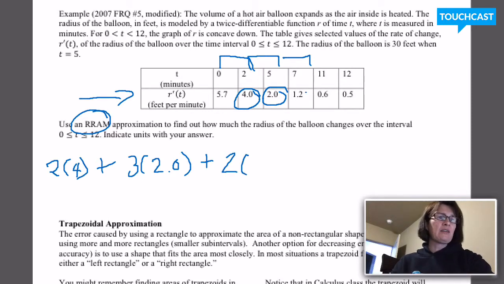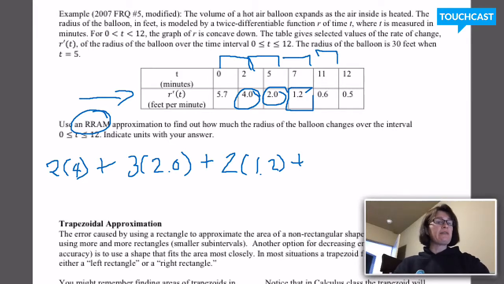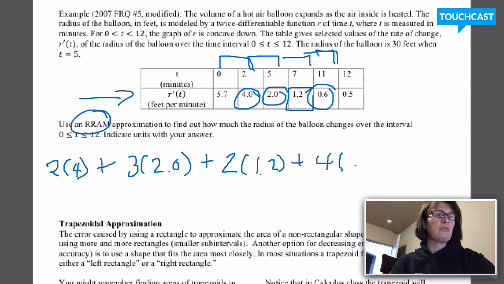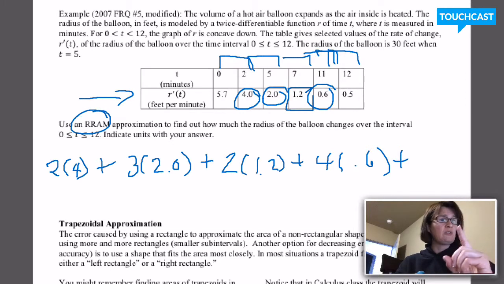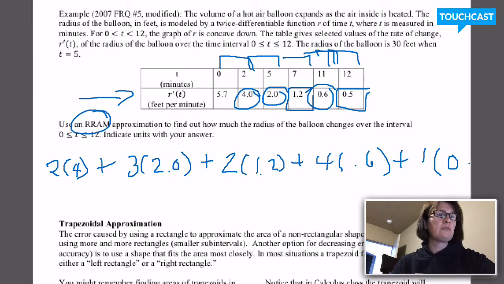And then the height of that rectangle is going to be the right-hand R prime value, which is 1.2, plus the next interval covers from 7 to 11. The width of that rectangle is going to be 4. I'm going to use the R prime value 0.6 because that's from the right-hand end of the interval, plus the last interval covers from time 11 to time 12. That's only 1 minute wide, so 1 minute times the height of 0.5.